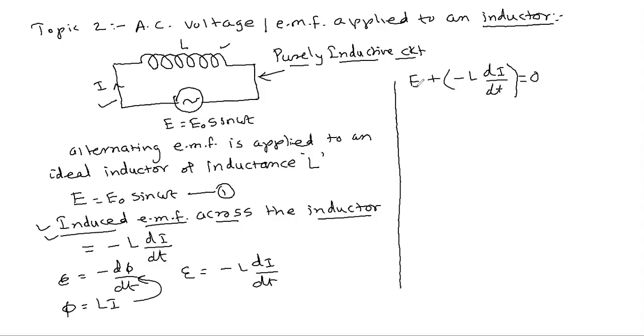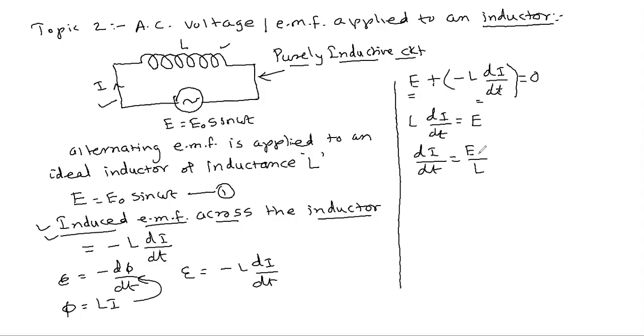So you get the equation E plus minus L di by dt is equal to 0, because this is also EMF and this is also induced EMF. Therefore L di by dt is equal to E, or di by dt is equal to E by L.